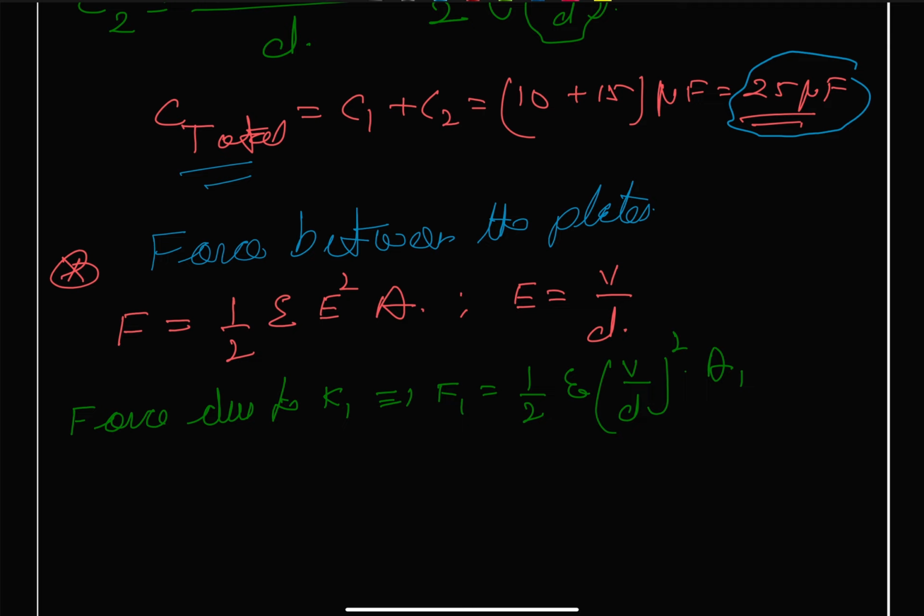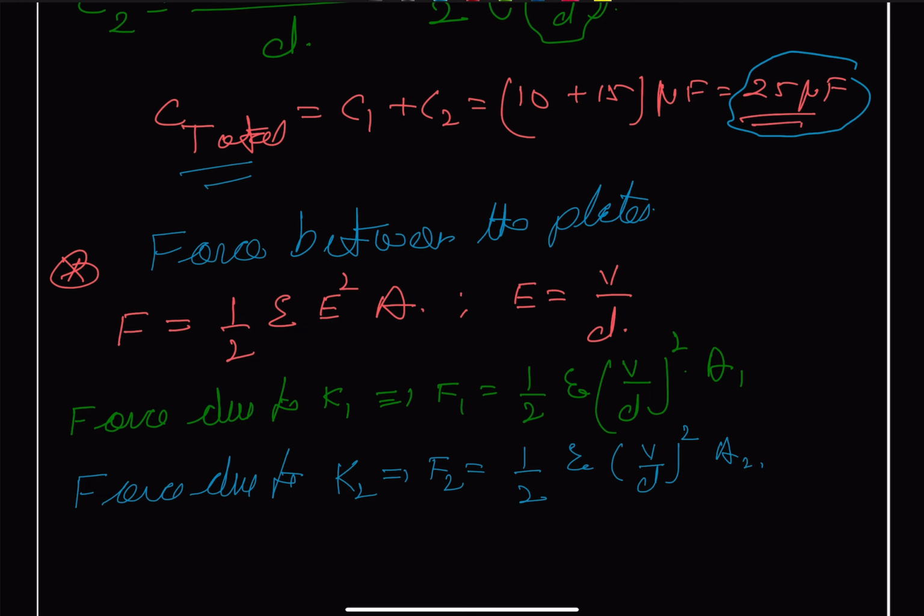Similarly, we can write that the force due to K2 will be F2 is equal to 1 half, V upon D whole square, and this comes as our A2.